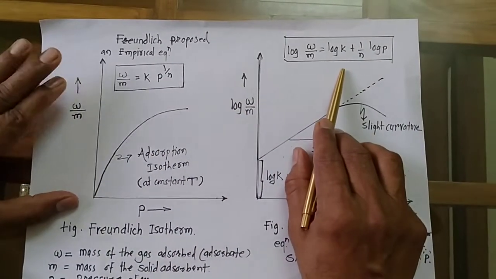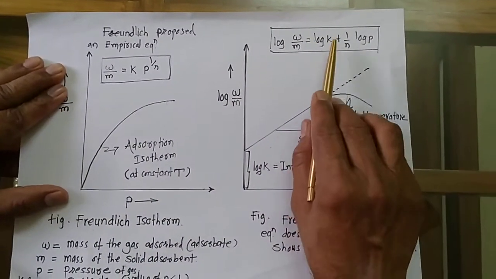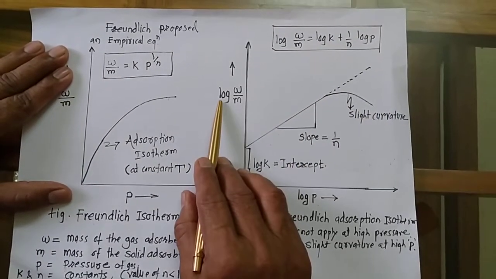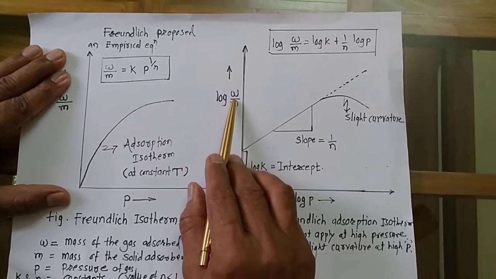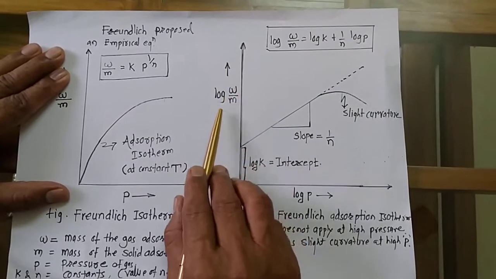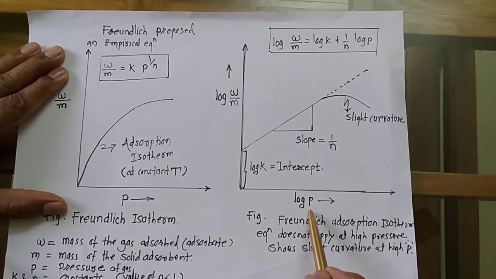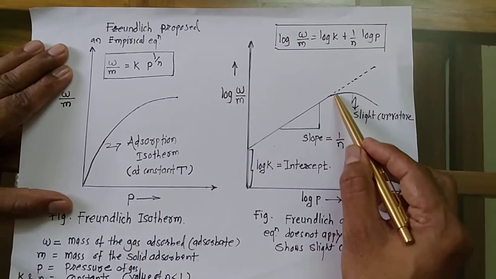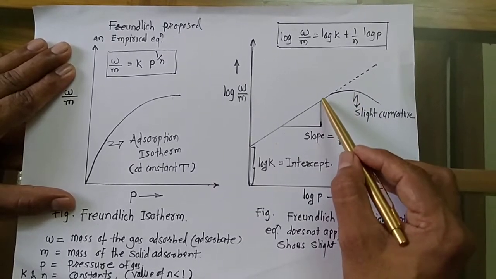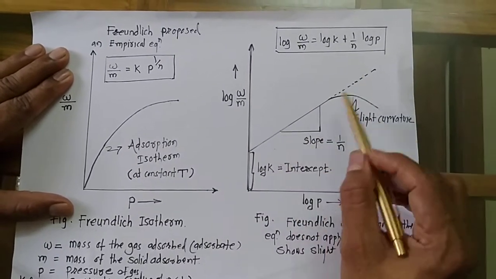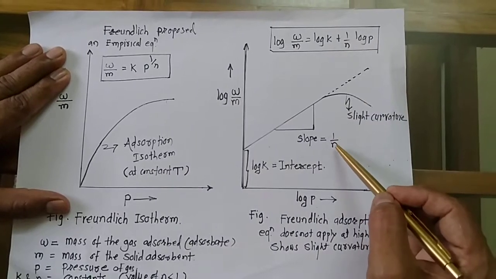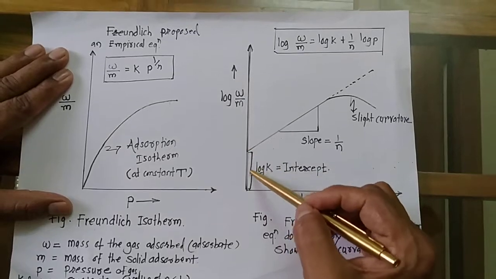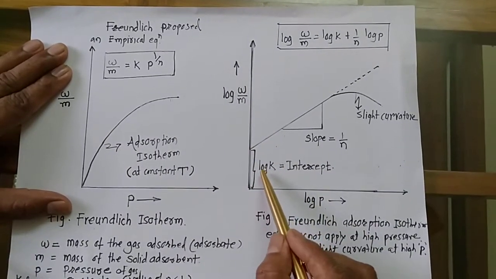Therefore the plot of the log of the amount of the substance or gas adsorbed versus log of pressure gives a straight line, and the slope of this straight line is 1 by n, and the intercept on the y-axis is log k.